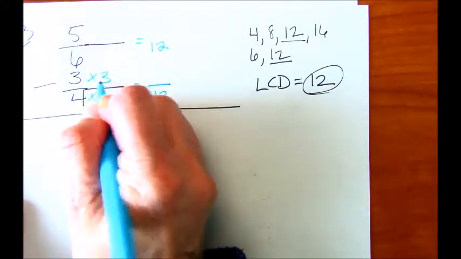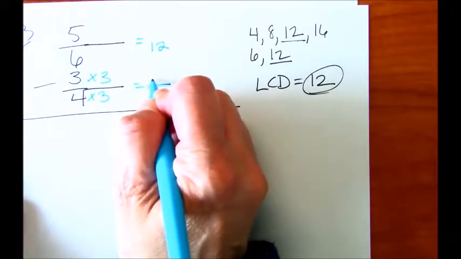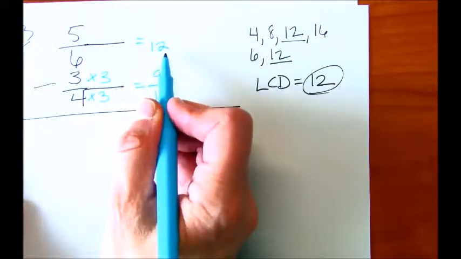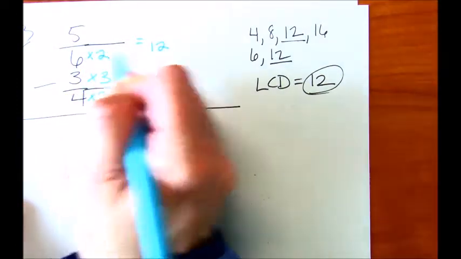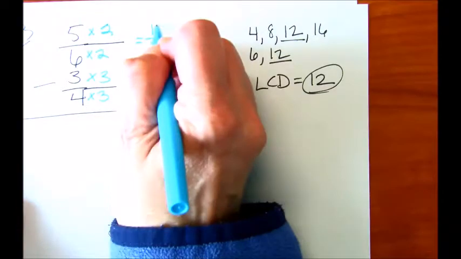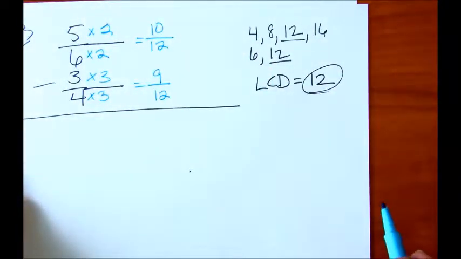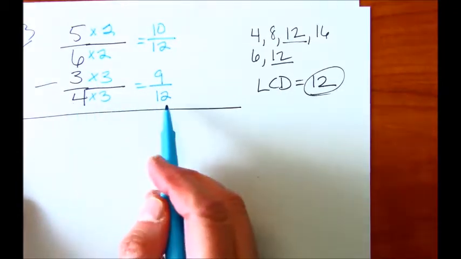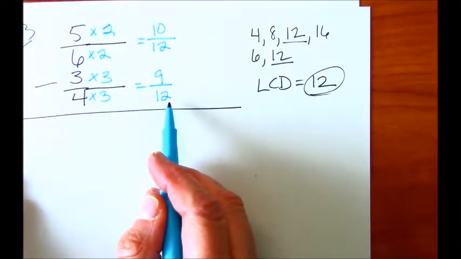Therefore, 3 times 3 will give me 9. 6 times what gives you 12? 6 times 2. Therefore, 5 times 2, and that's going to give you 10. So 5/6 is equivalent to 10/12. 3/4 is equivalent to 9/12.